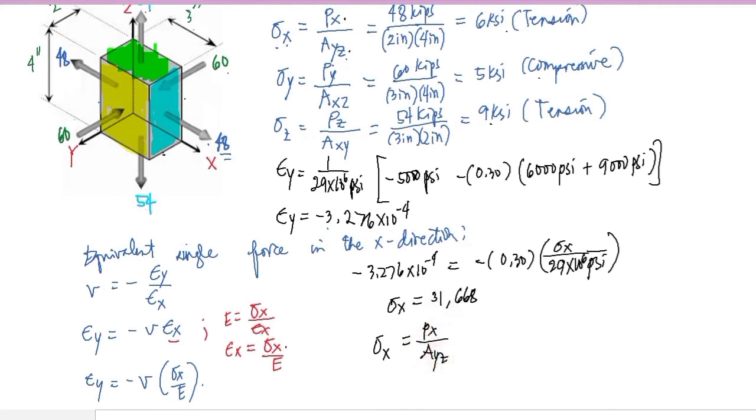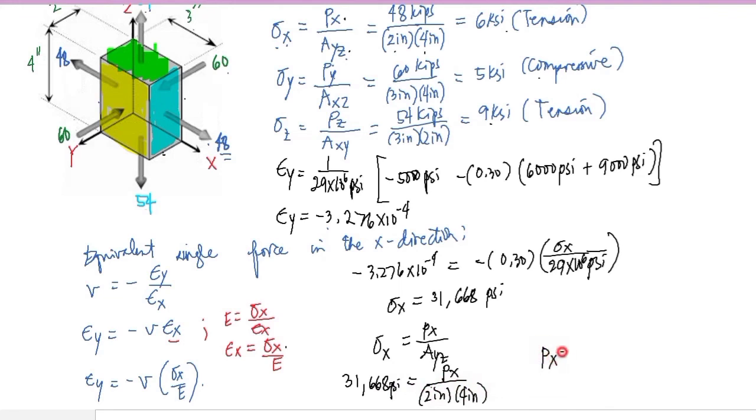So since we already have the value of the stress in X, that is 31,668, is equal to Px, which is unknown, and the area perpendicular to the x-axis is 2 by 4. Of course, the unit here is psi, and this is 2 inches by 4 inches.